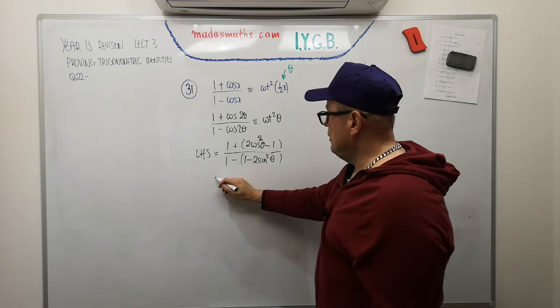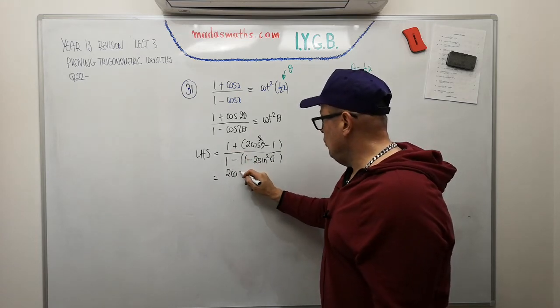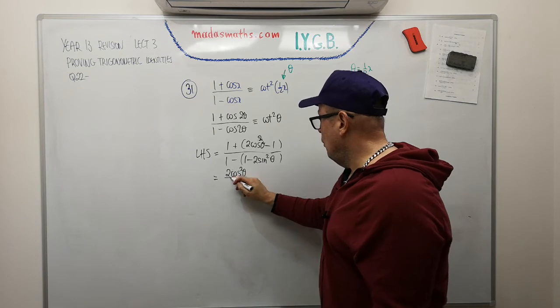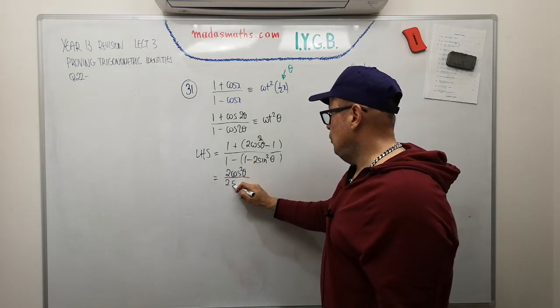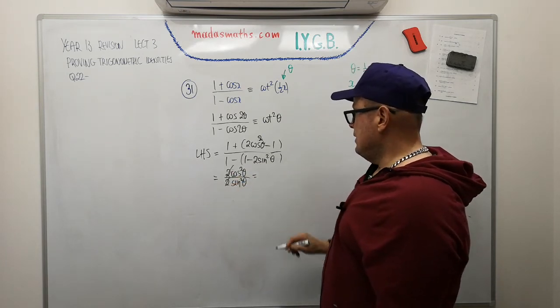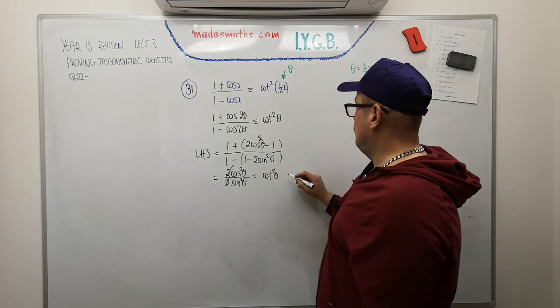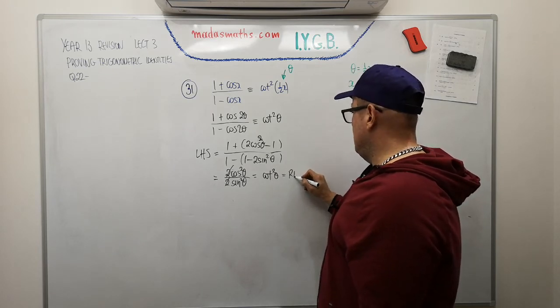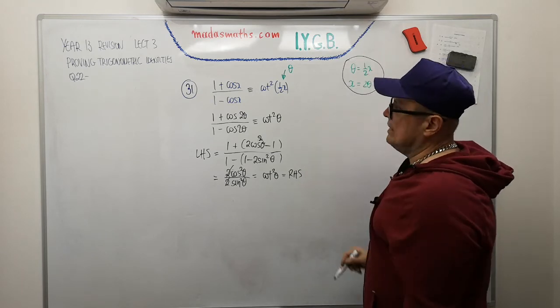What will happen on this occasion? 1 and minus 1 will cancel to give us 2 cos squared theta over, 1 minus 1 cancels, this will go plus 2 sine squared theta. The 2's will cancel. Cos over sine is of course cot squared of theta, which will be your RHS, and you can make reference to the fact that this is the substitution.